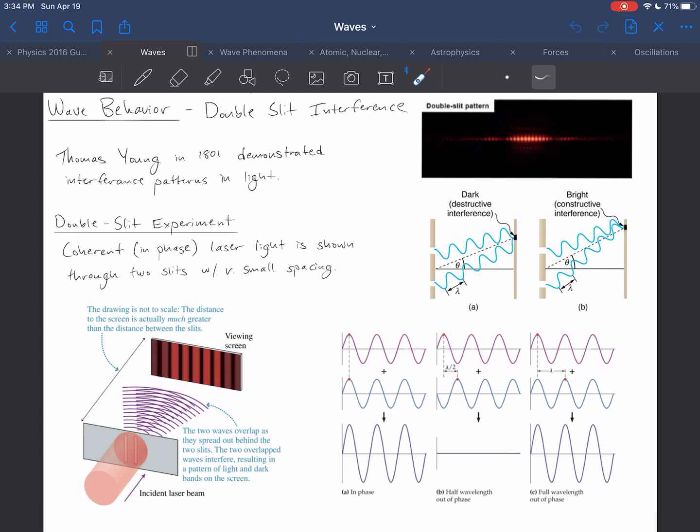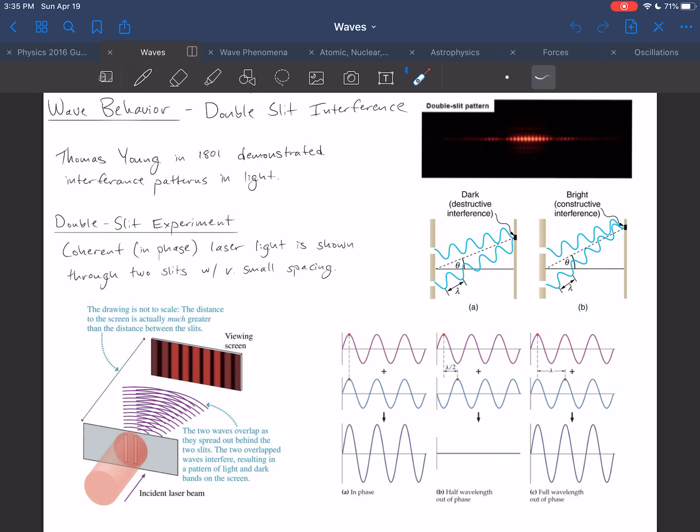So, to dive into this, Thomas Young in 1801 demonstrated what appeared to be conclusive evidence that light was a wave, and he did so by demonstrating that light undergoes interference patterns, and we'll explain what that is in a second.